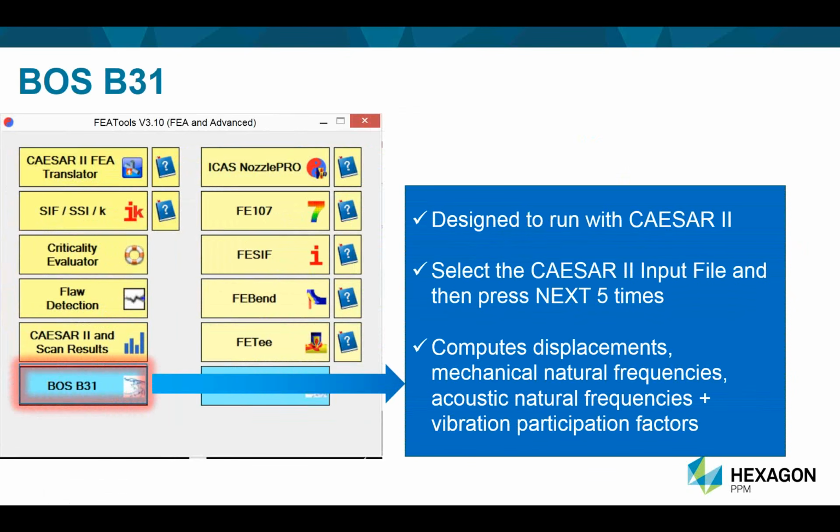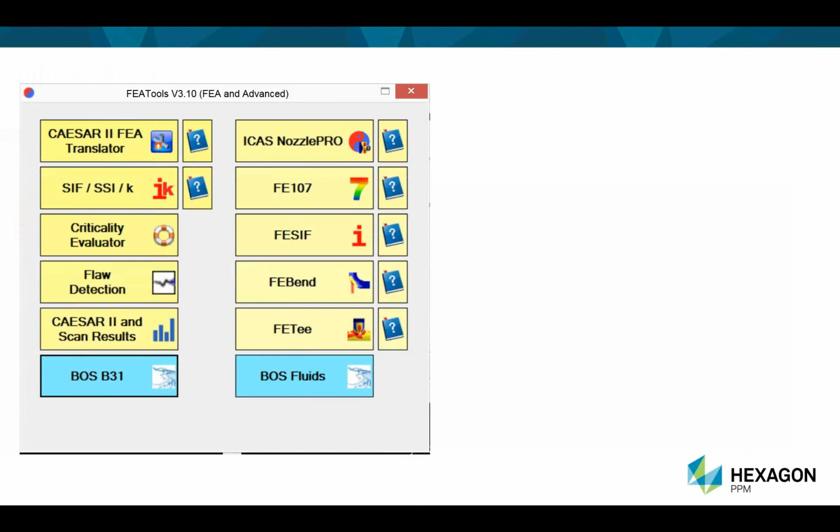And from this, we can make some conservative assumptions that the waves act at every elbow pair through the frequency range, and the maximum displacements and the restraint loads are calculated using an SRSS, square root sum of squares approach. So that's basically how the program works. It's a very simple 5-stage process, which I'm not going to take you through now because of time limitations. But I'll show you how the output looks.